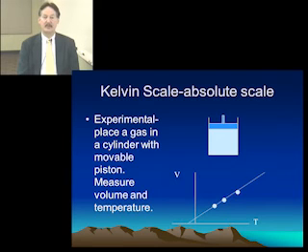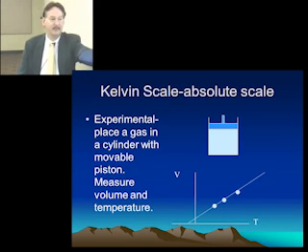If we are doing this measurement in the Celsius temperature scale, then we will have our 0 degree mark here, and then we'll find that the volume is projected to go to 0 at some point below that.